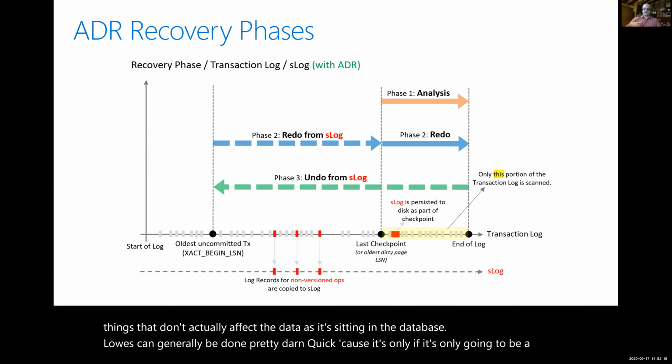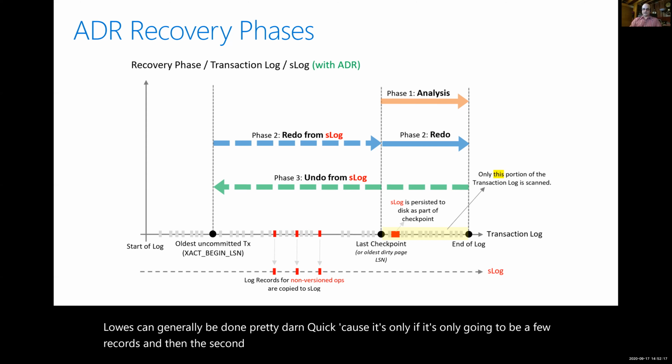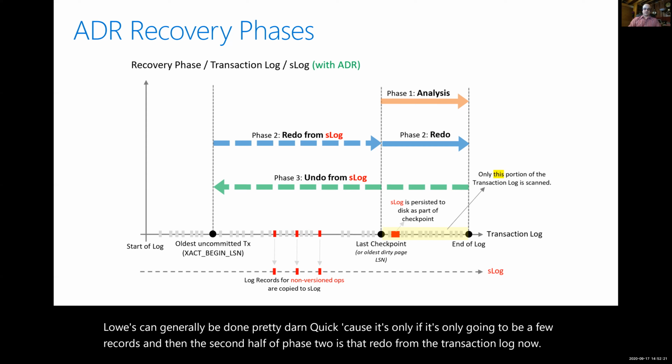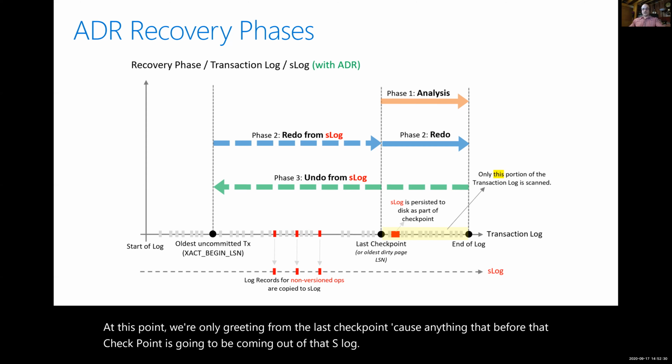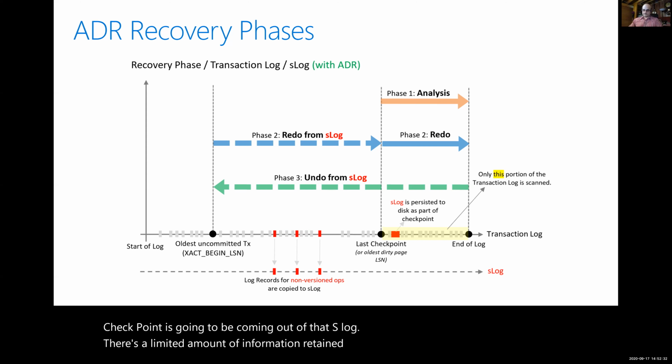And then the second half of phase 2 is the redo from the transaction log. At this point, we're only reading from the last checkpoint because anything before that checkpoint is going to be coming out of the slog. There's a limited amount of information retained on both sides because of that.